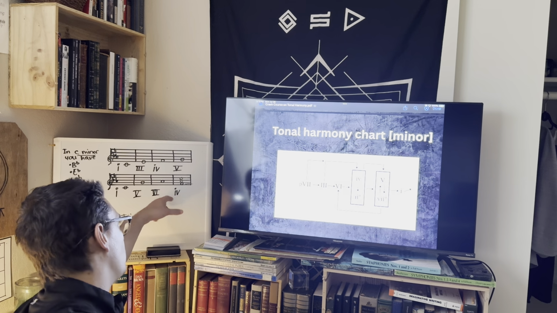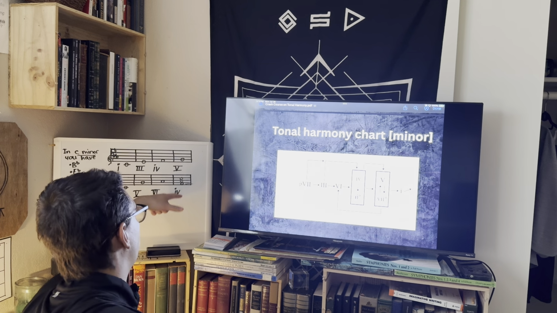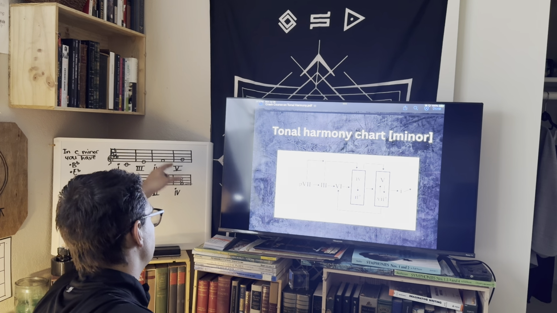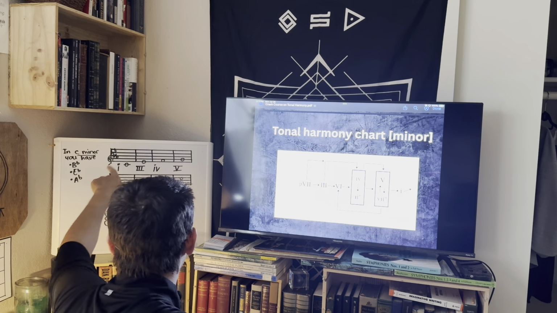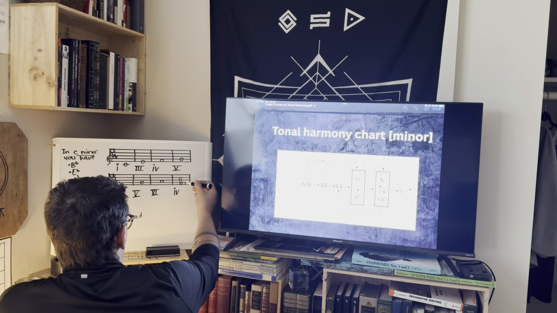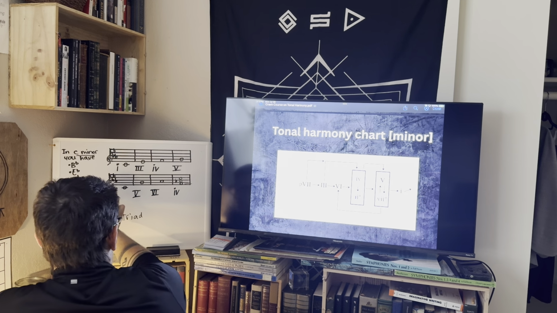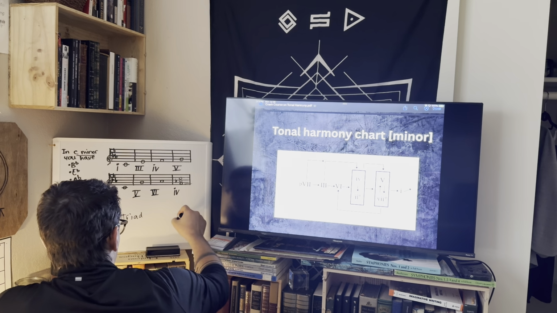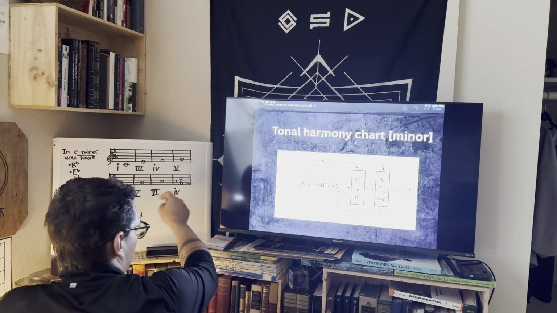If that A flat was a regular A, an A natural, if it was F, A, C, it wouldn't fit in the key of C minor, but it would sound happy. If it was not a flat, it would sound happy, and this would be an uppercase Roman numeral.